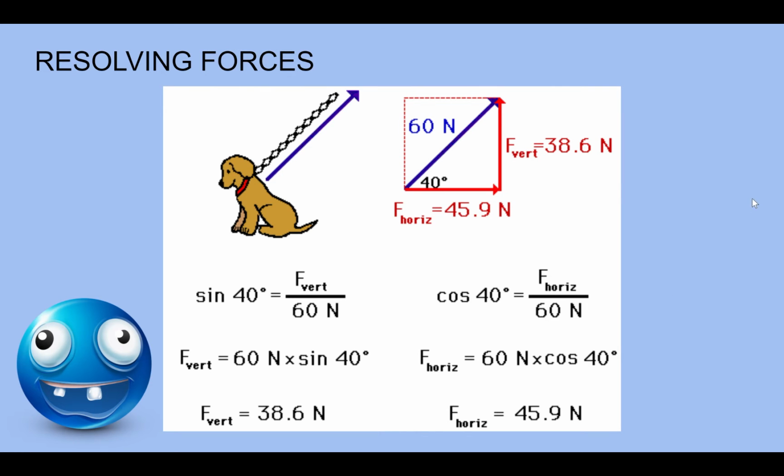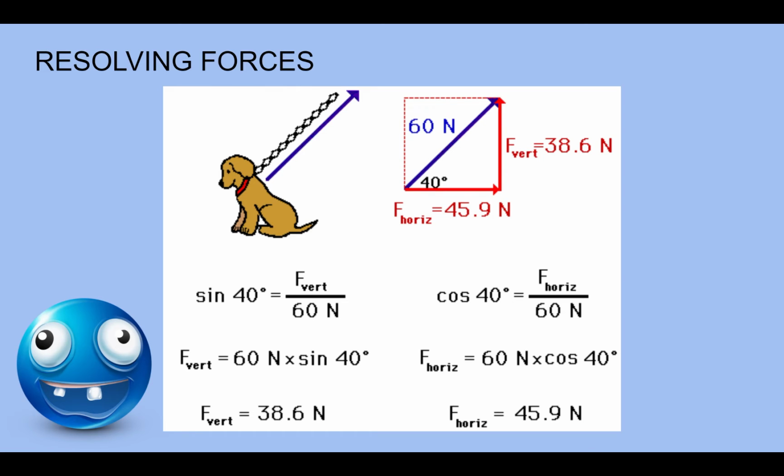So resolving forces. What you're going to do is use the angle of the line to do these equations. It's maths. It's like a mixture of Pythagoras or cosine rule, depending on what values you're given.